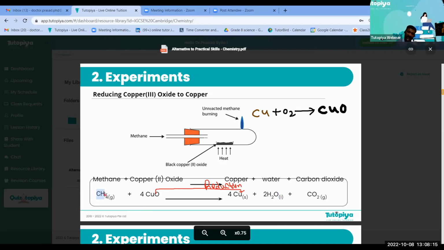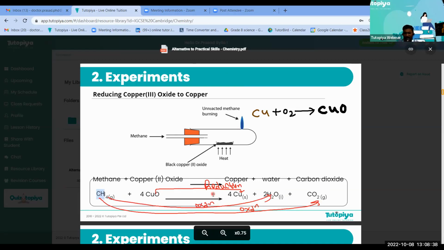Not only methane, take any hydrocarbon. Since it has carbon and hydrogen, all the carbon is oxidized to carbon dioxide and the hydrogen is oxidized to water. So the carbon oxidizing to carbon dioxide is oxidation, and the hydrogen is also getting oxidized to water. So you can call this reaction a redox reaction.